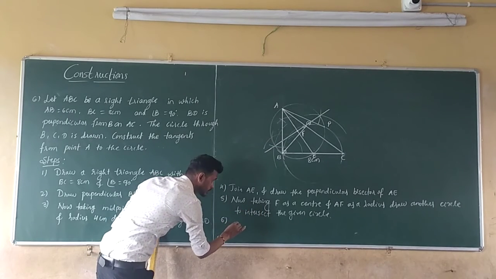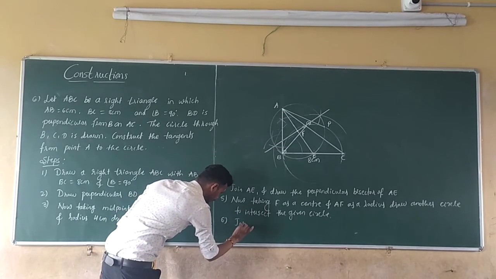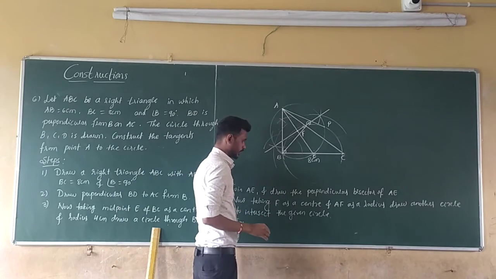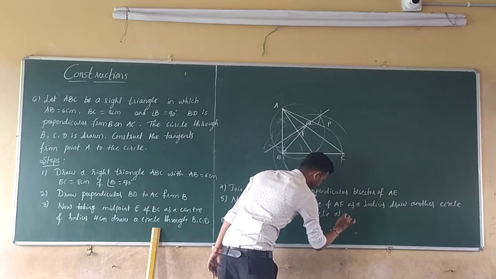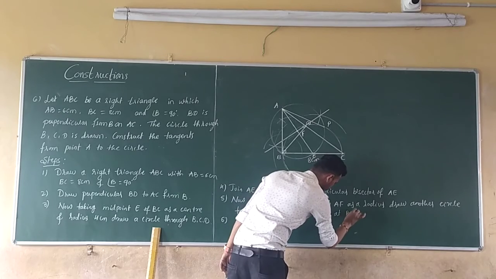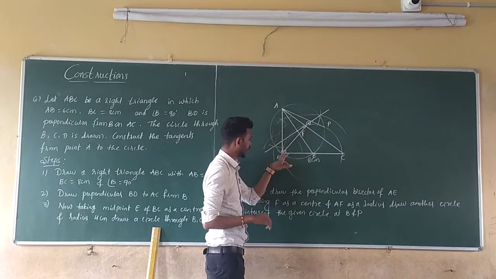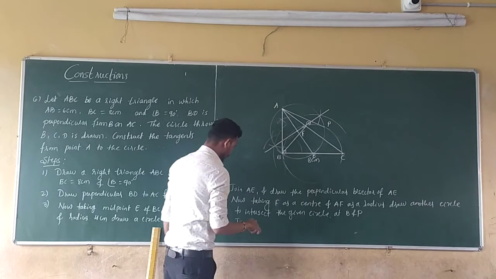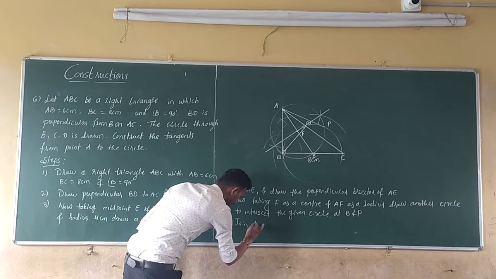So the sixth step is, join the points where the circle intersects the given circle, B and P. Join AP.